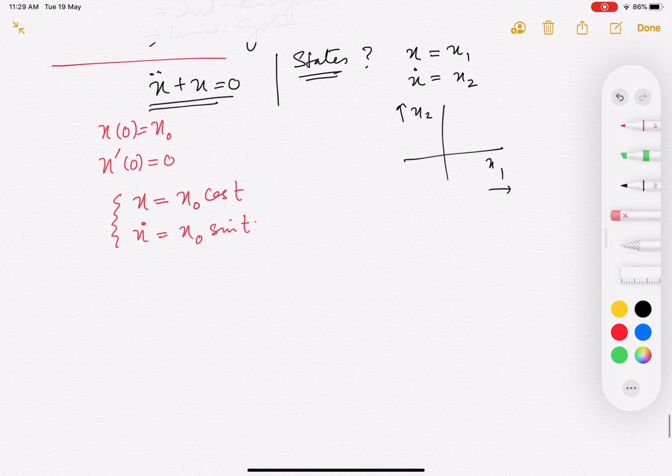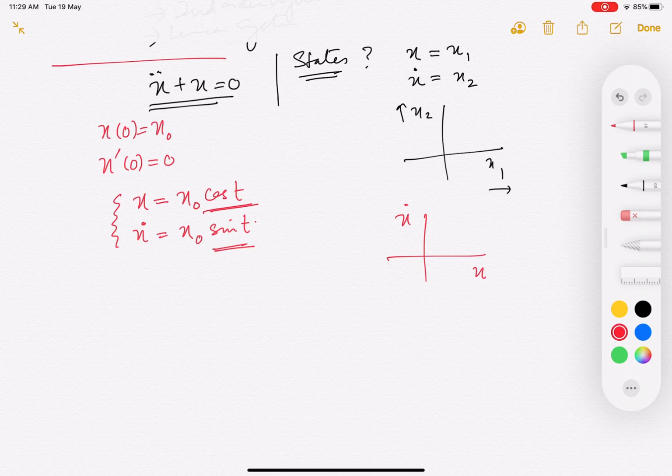Now if I plot x with respect to time, I can do that. It's a cosinusoidal function of time. If I want to plot x dot with respect to time, I can do that. It's a sinusoidal function of time. But what I want to do is plot x dot with respect to x for some initial condition, right?